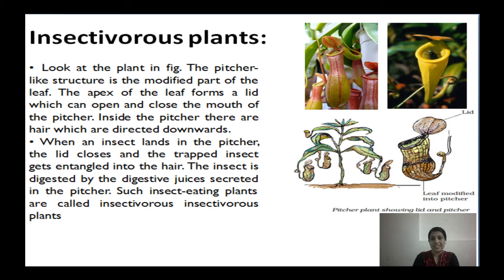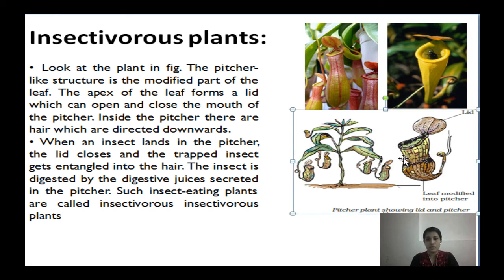So whenever the insect lands on this pitcher, the lid closes and the trapped insect gets entangled in the hair. The insect is thus digested by the digestive juices that are produced inside the pitcher. Such insect-eating plants are called the insectivorous plants.